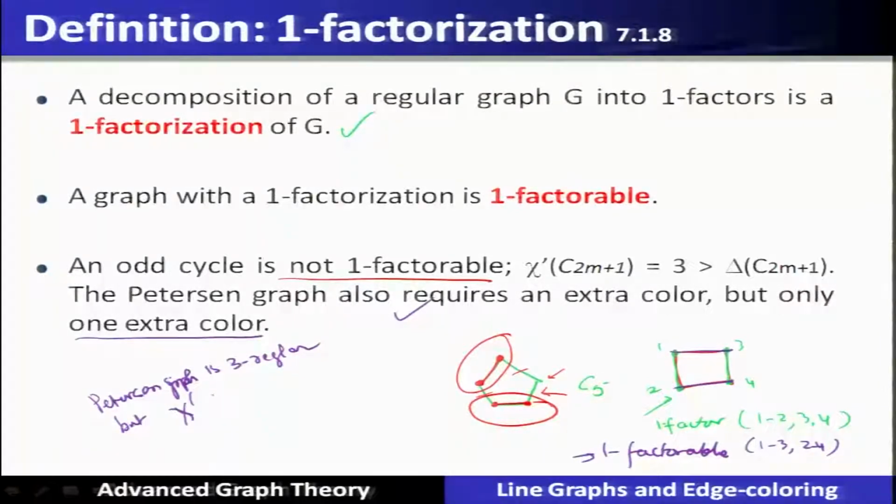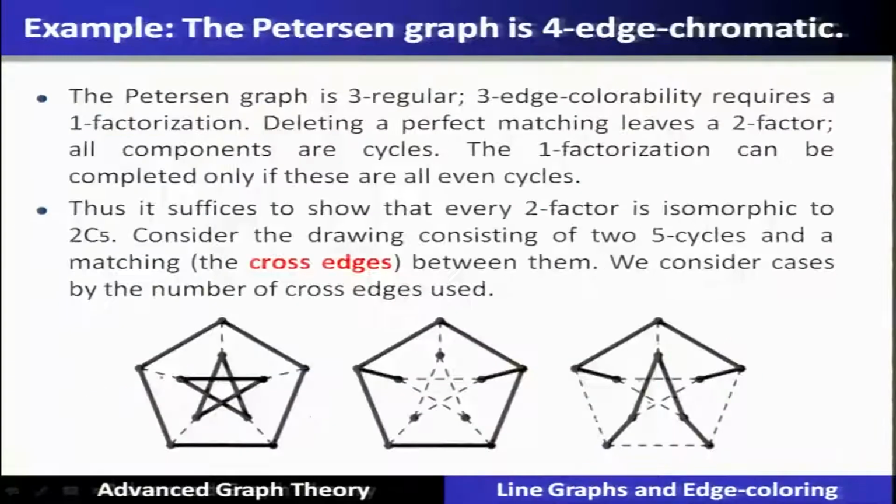Chi prime of Peterson is equal to 4. That means it requires big delta G, which is 3, plus 1 more. So the Peterson graph is an example where chi prime G becomes delta plus 1. So the Peterson graph is 4 edge chromatic.